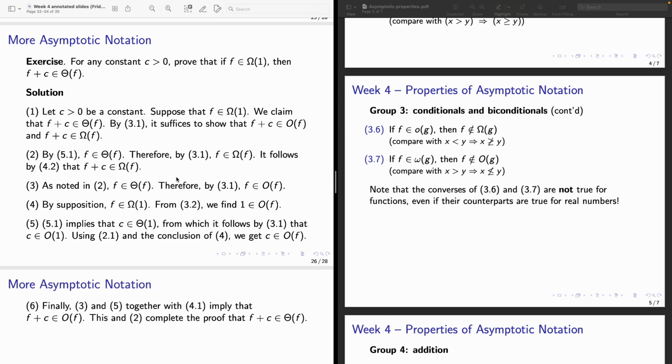Oh, silly me. We don't actually need to mess with the hierarchy. We already assumed that f is in big omega of 1, so we can just do the inequality reversing thing. 1 is in big O of f. Then we're using the sum rule, right?